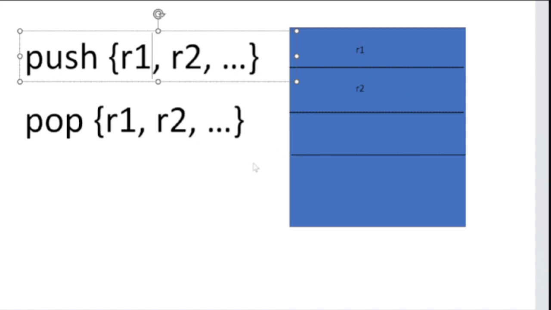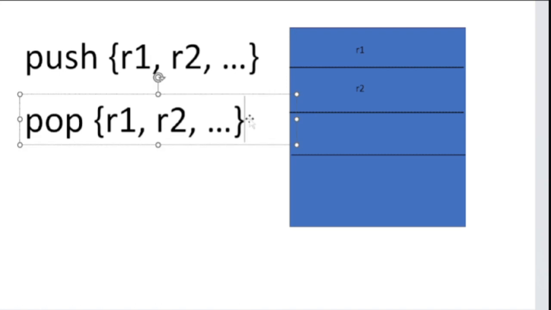And then for pop, once we have worked with the registers and accomplished everything else in the code, we just pop the original values back into those registers.